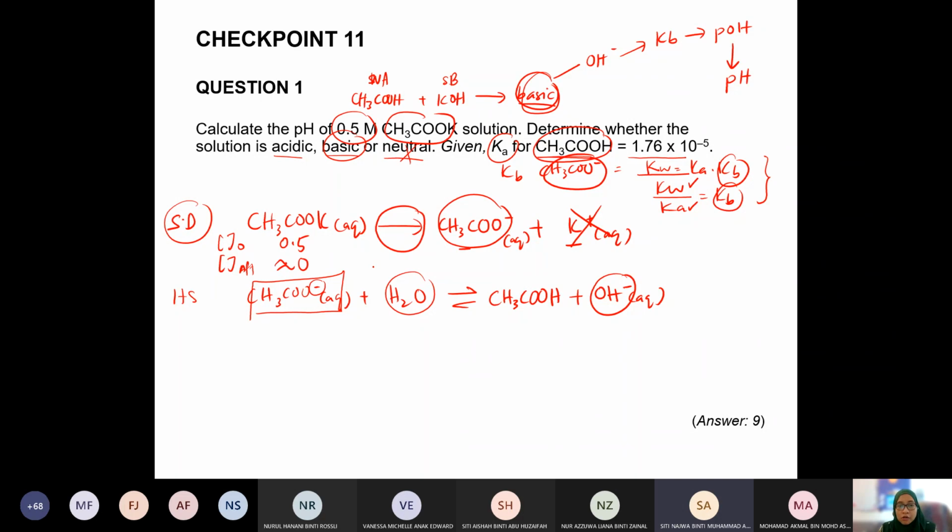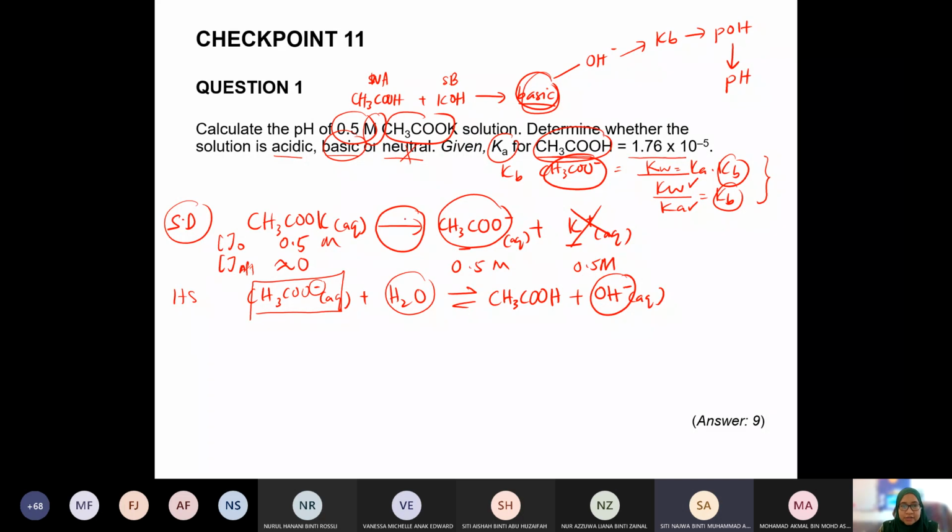That means almost all of the salt will dissociate, so at the end it becomes 0. There's no salt left in the solution. All has been transformed into its components, which is 0.5 molar. Luckily it was given in molar. If it was given in the salt's mass and volume, you would have to calculate the concentration first.